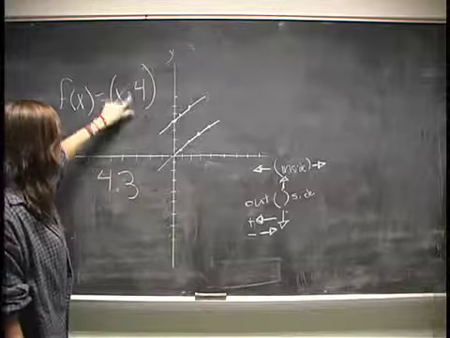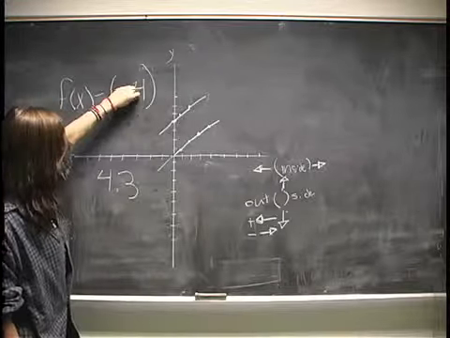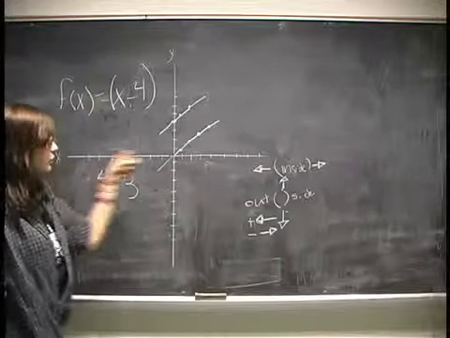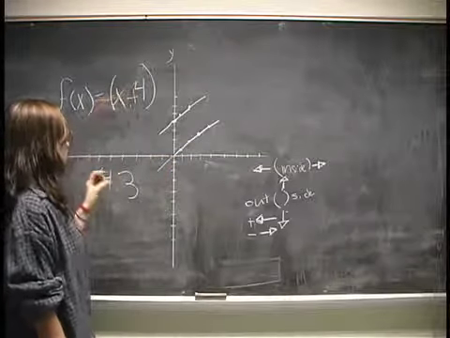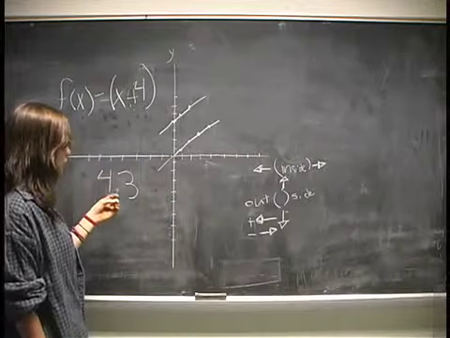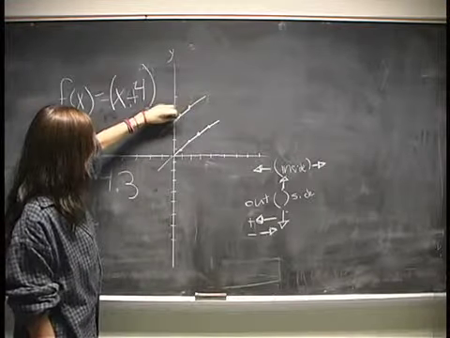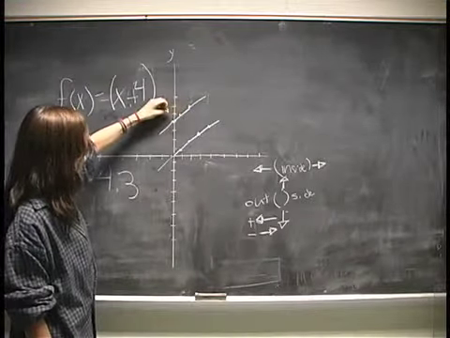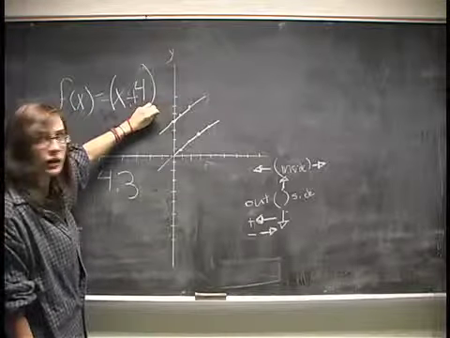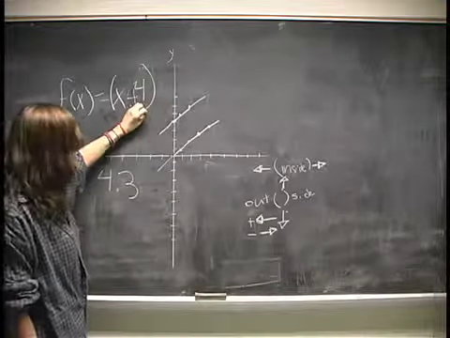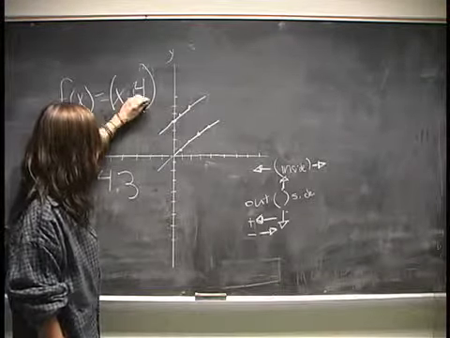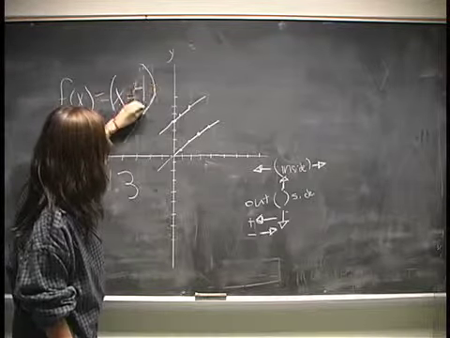But if you, again, had a minus sign, you would go that way. But we're just going to stick with the plus sign. So you're going to go over 4, and that's 1, 2, 3, 4. The new line is there.